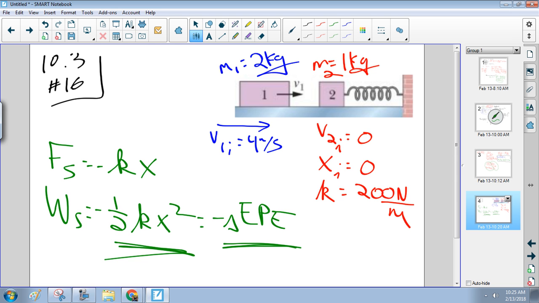Well, I found the kinetic energy initially, which was... Okay, so the kinetic energy of block 1? Okay, cool. So that's 1/2 mv squared, so you're going to get, what, 8? 16. Okay, sorry. And then I found what would be the final kinetic energy if they collided without the spring, which was 10.67 joules.